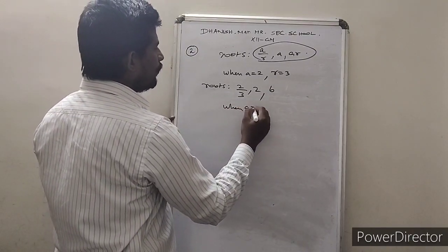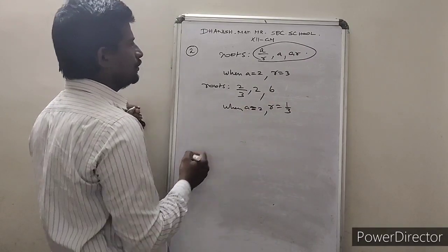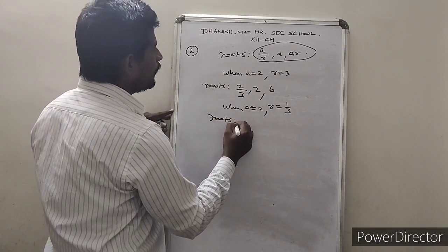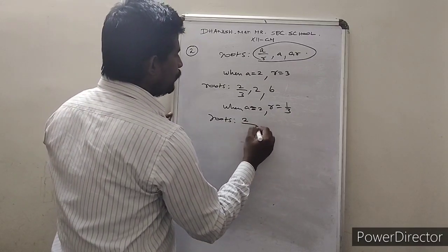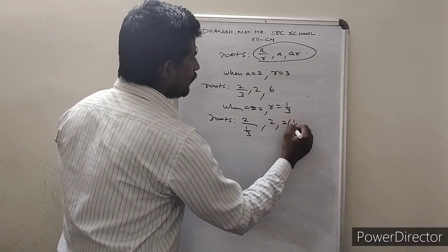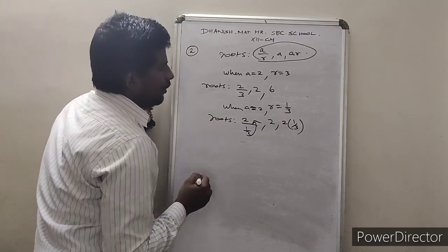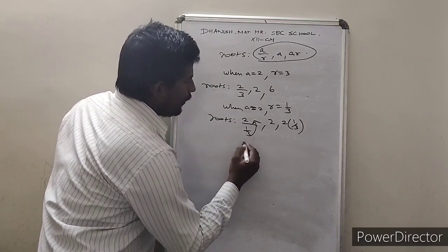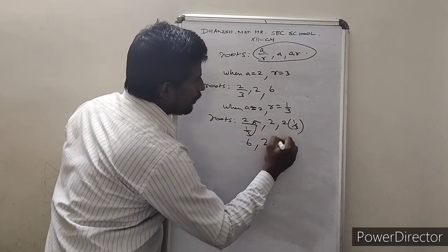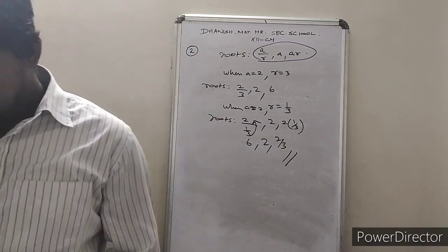When a equal to 2 there is one more r, 1 by 3. So our roots will be 2 by 1 by 3, comma, 2, comma, 2 into 1 by 3. So this 3 will move to the numerator: 6, comma, 2, comma, 2 by 3. These roots are our required answer.